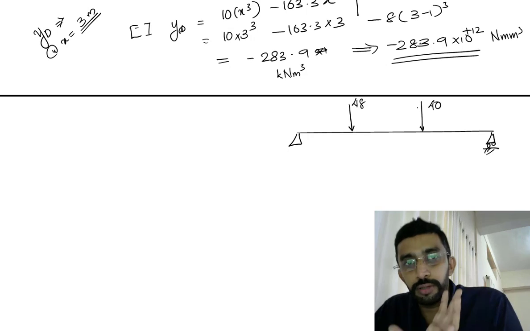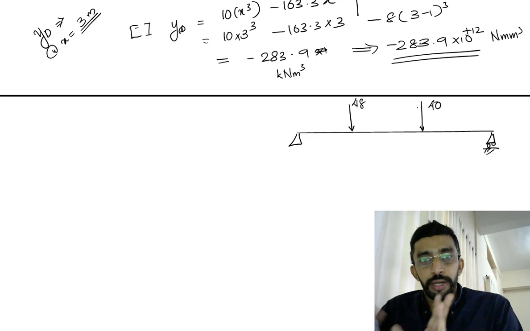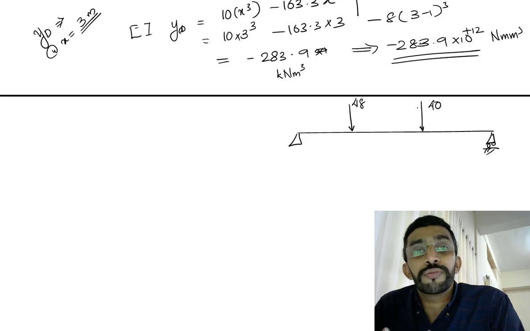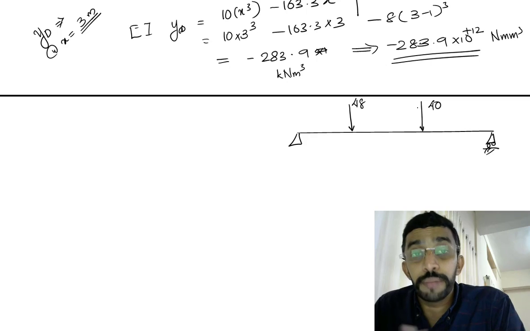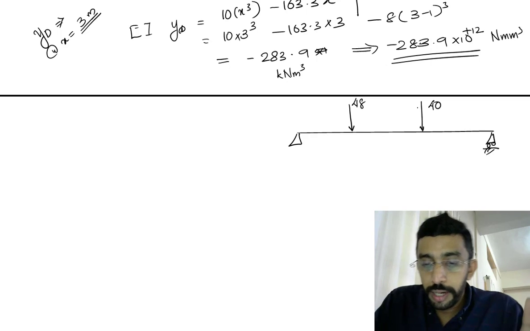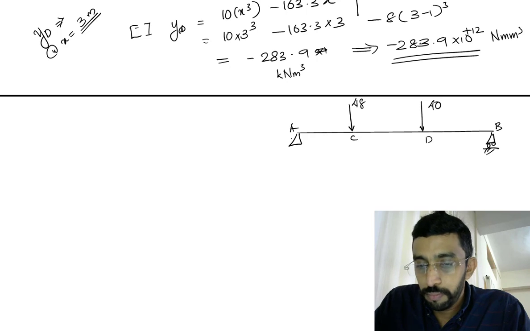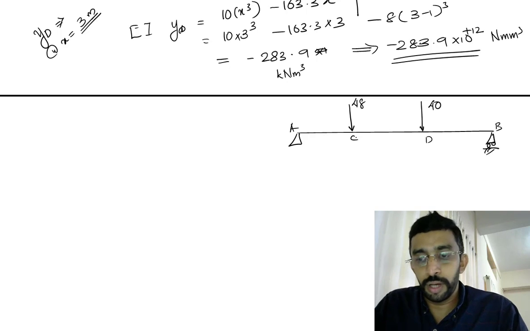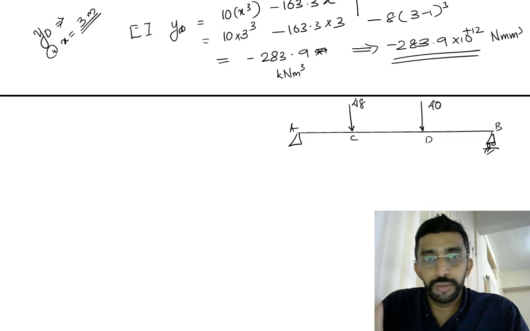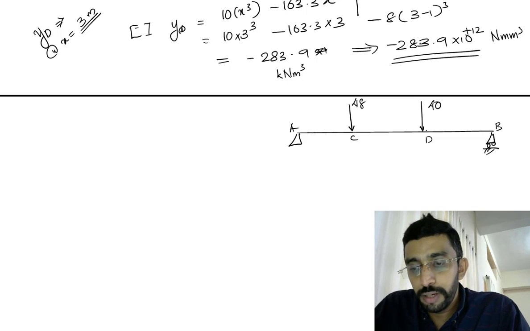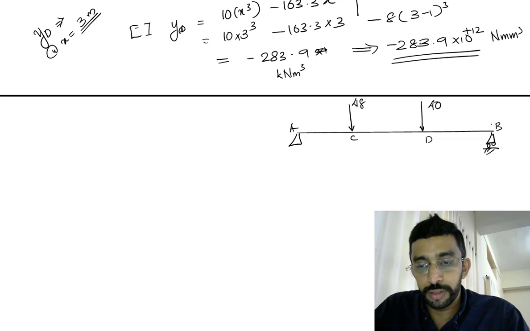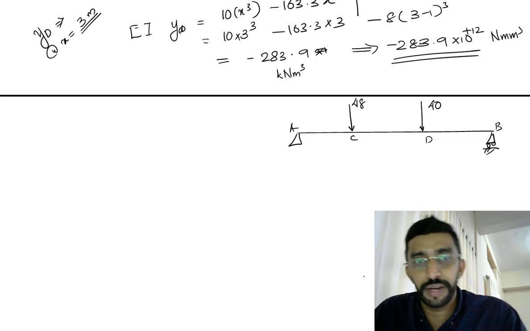When we solve this, you should have an intuition of where the maximum deflection can be. By looking at this itself, we can say that it is not going to come between A and C, because you have a 40 here, so it has to tend to that side. But it may not be between D and B either, because the major load 48 is on the left hand side.